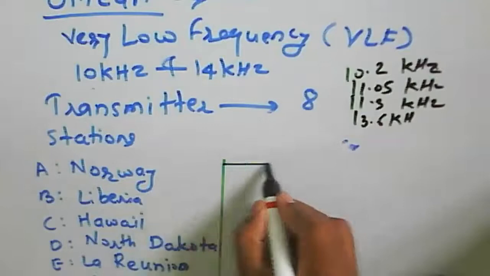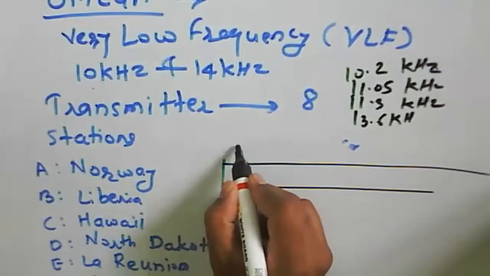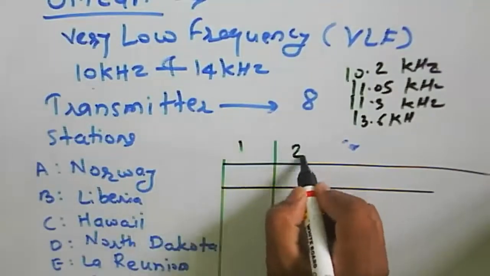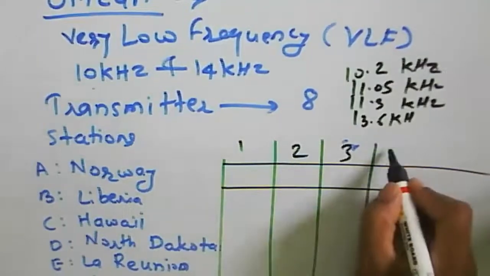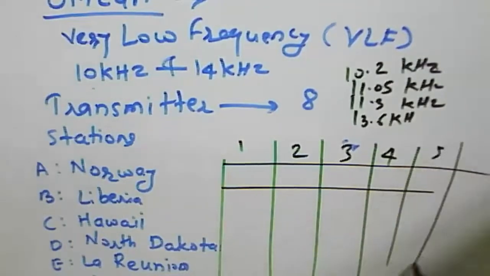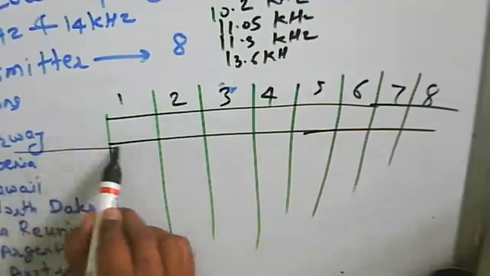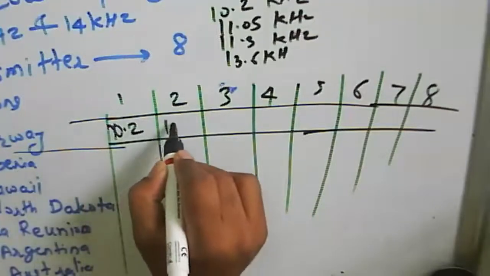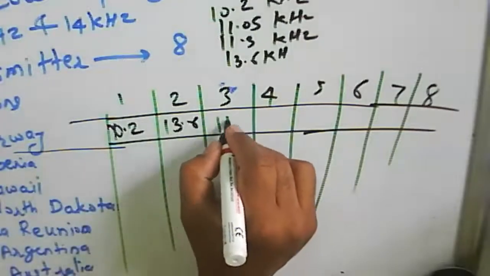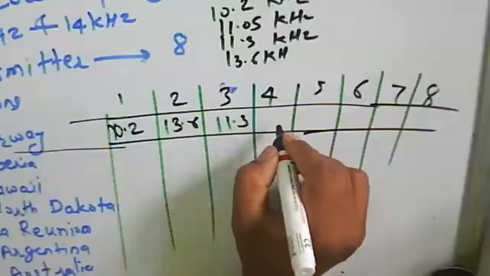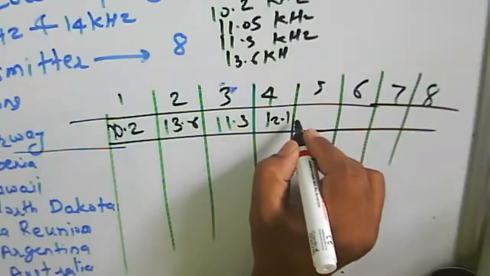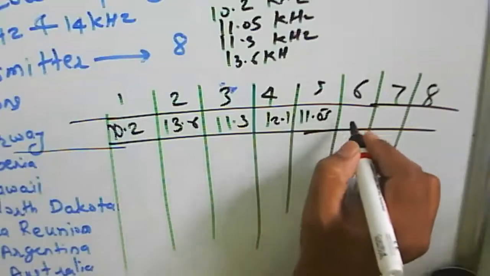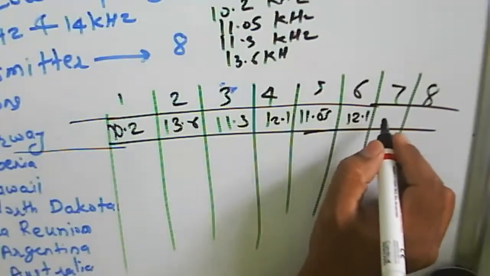For this band of frequencies, for example, we can number the stations 1, 2, 3, 4, 5, 6, 7, and 8. These are the bands of frequency. For Norway, we can consider 10.2, 13.6, 11.3, 12.1, and 11.05.